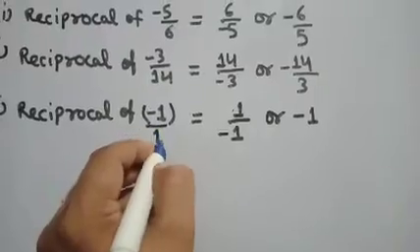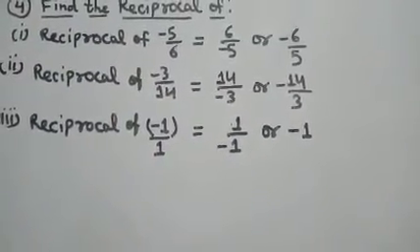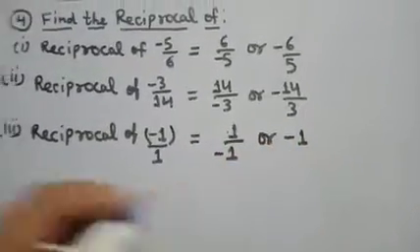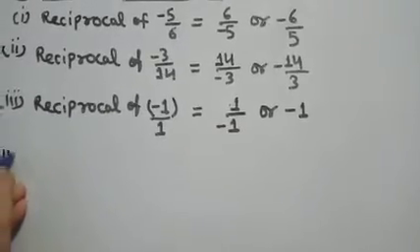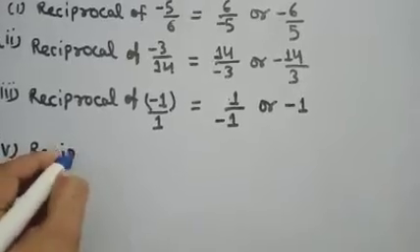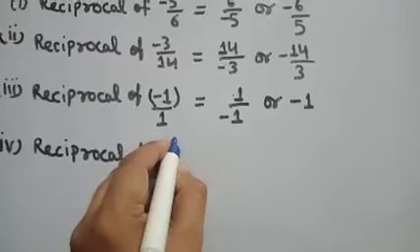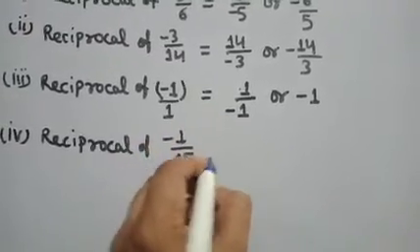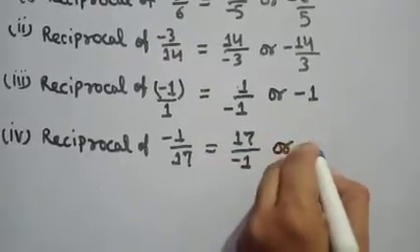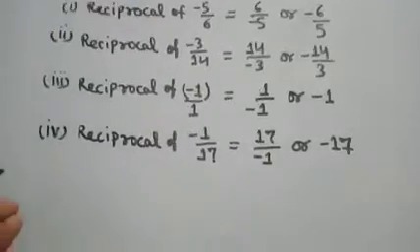Because 1 is called 1 by 1, reverse the order, then minus goes into the denominator, or 1 divided by 1 with a negative sign. Now the fourth part, reciprocal of -1 upon 17 is called 17 upon -1 or -17. If 1 comes in the denominator, we can remove it.